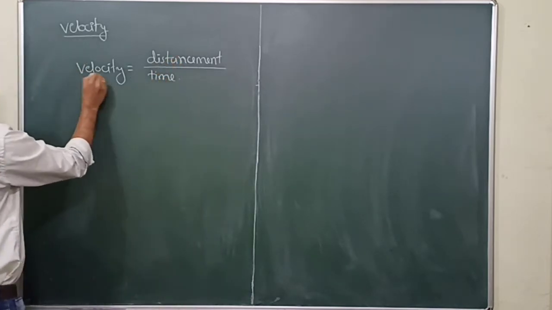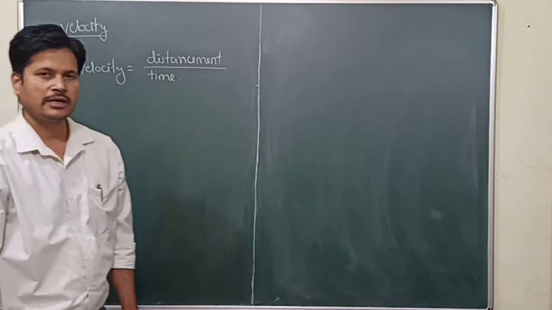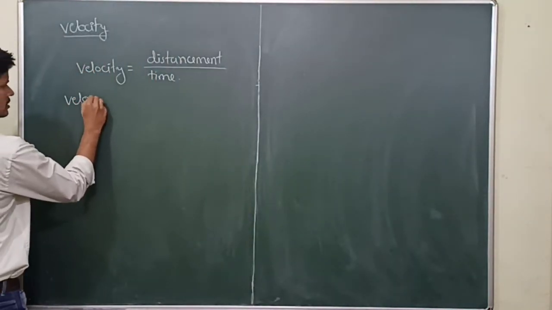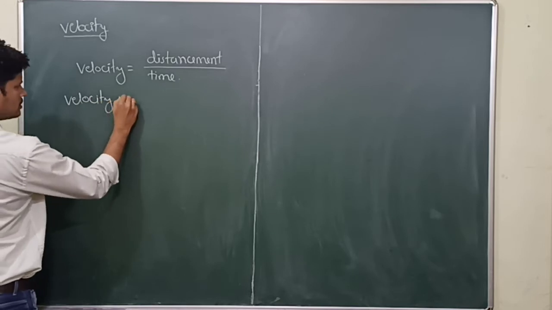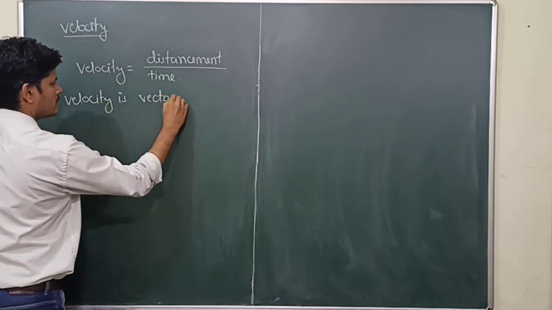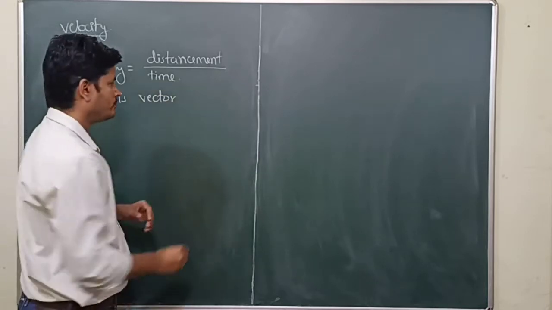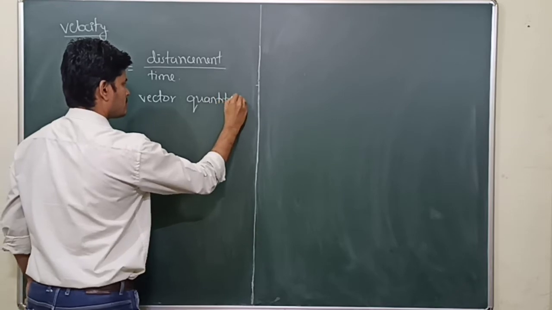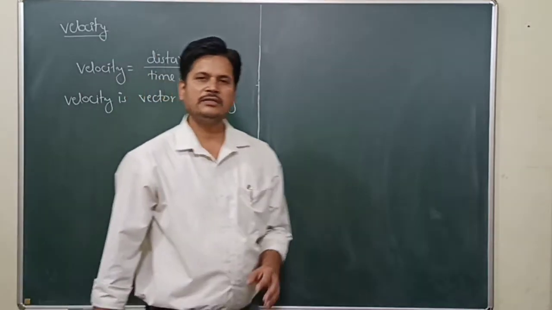Correct? And velocity is a scalar. Sorry, it is a vector quantity. It is a vector quantity.